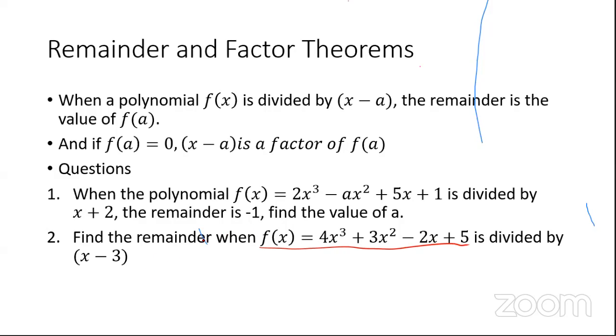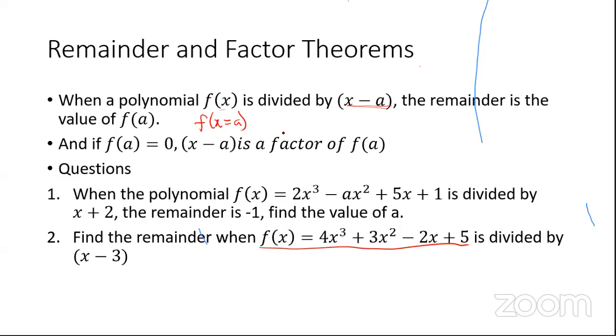So what I can just do here is, when a polynomial f of x is divided by x minus a, the remainder is the value of f of a. Sometimes I love to put it as the remainder is the value of f of x when x is equal to a.